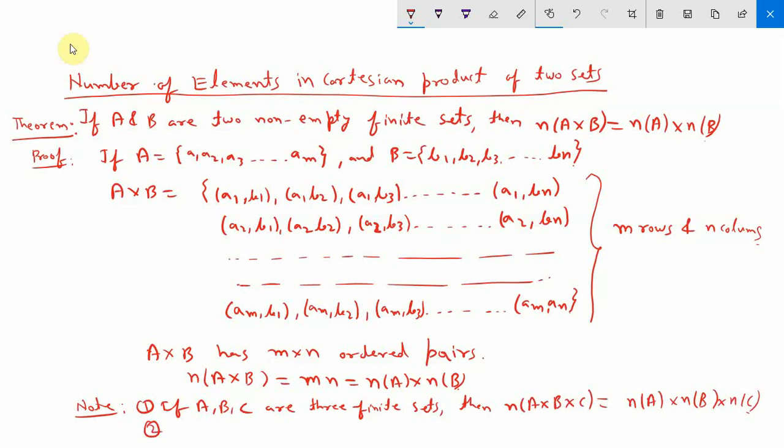Second one, if either A or B is an infinite set, then A × B is also an infinite set.